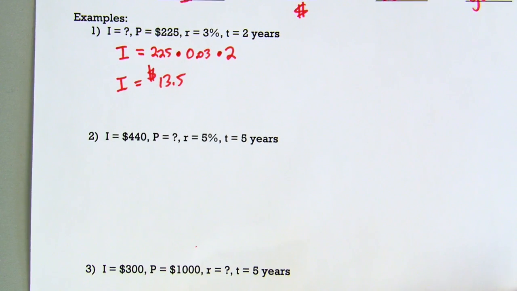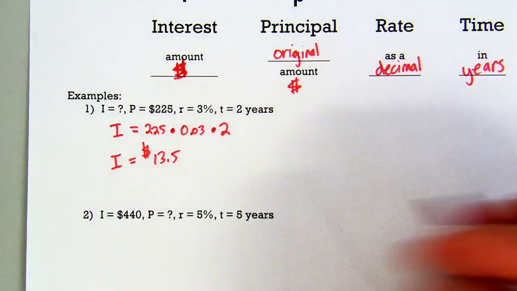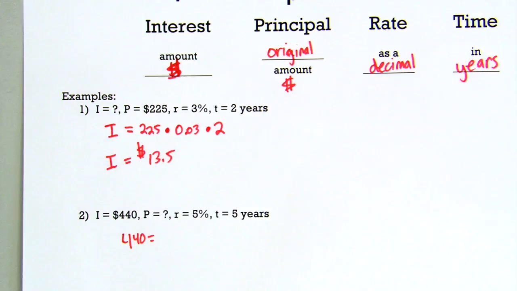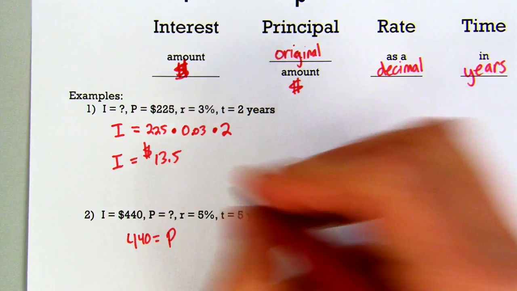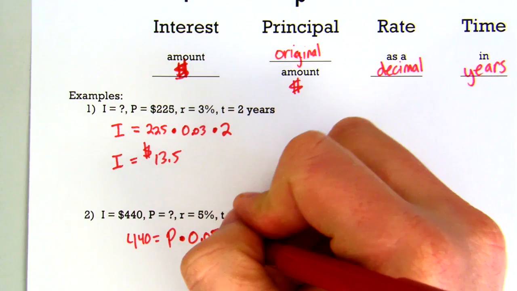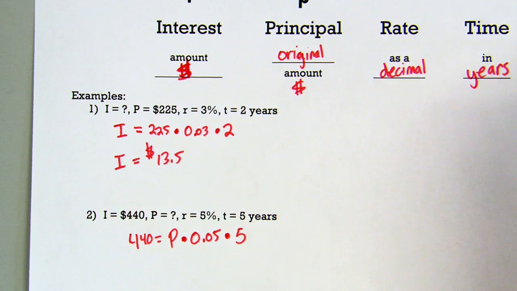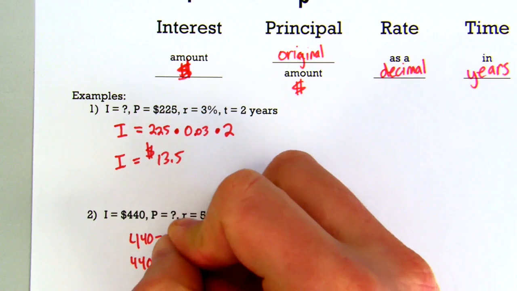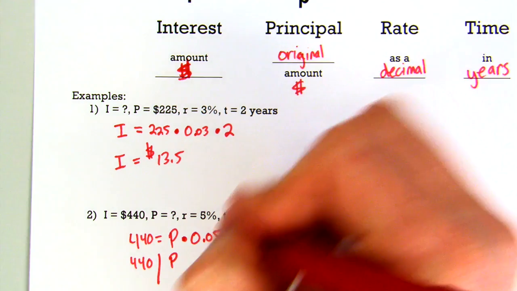Number 2, they've given us the interest, but not the principal. I'm going to use the same formula. I plug in my interest, which is $440, and that equals the principal, which I don't know, times the rate, which is 5%, so 0.05, times the time, which is 5 years, so times 5. 0.05 times 5 is 0.25.